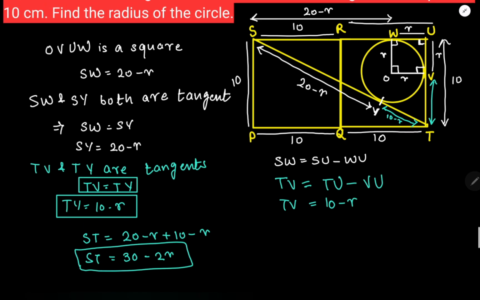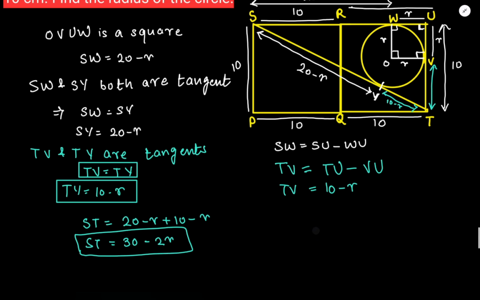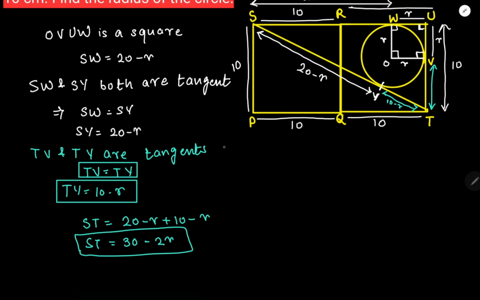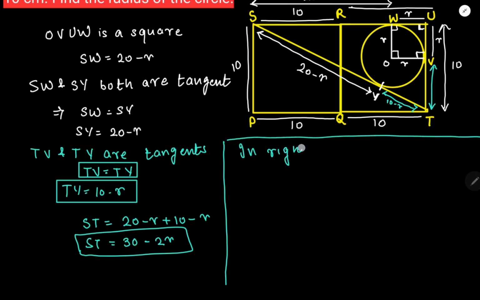Now what do we have? We have a right angle triangle SUT. In right triangle SUT, we will apply the Pythagoras rule. What does the Pythagoras rule say?